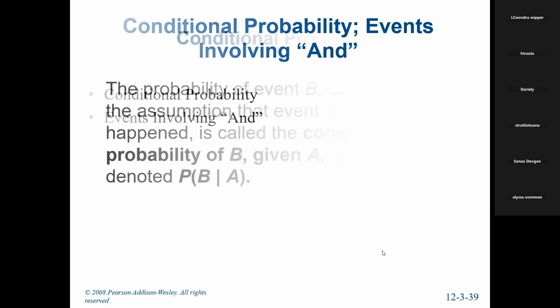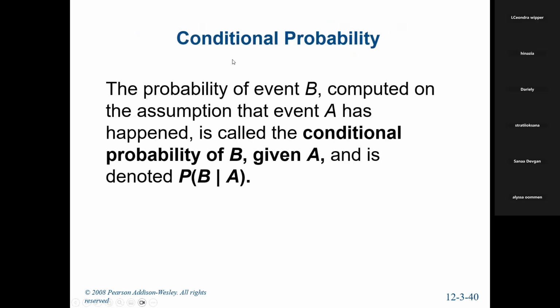Okay. Now, conditional. See, in conditional, you see the word condition. The probability of event B computed on the assumption that event A has happened is called the conditional probability of B given A. Anytime they give you a problem asking for the probability, and you see "given" an event, you are talking about the conditional probability.